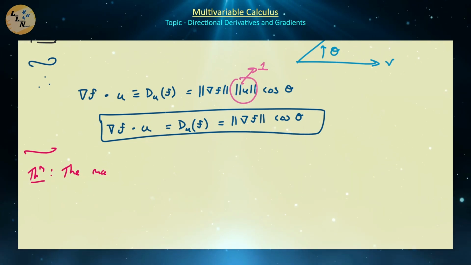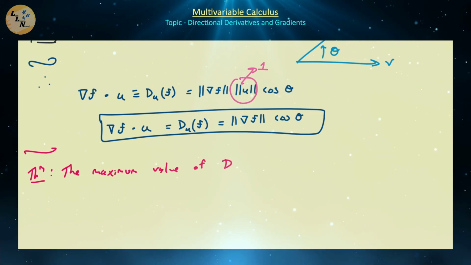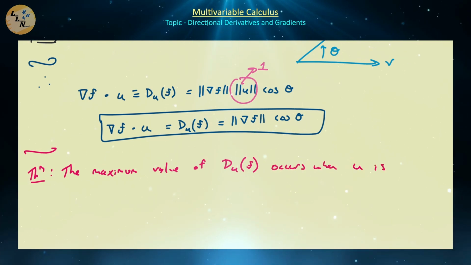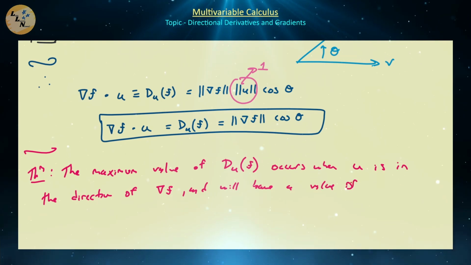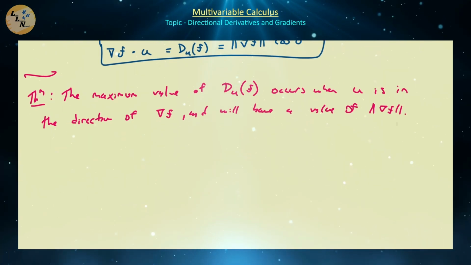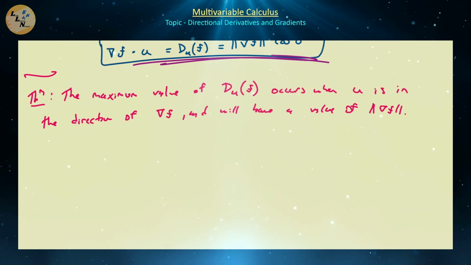The maximum value of the directional derivative of f in the direction of u occurs when u is in the direction of the gradient of f, and will have a value of the length, or the norm, of the gradient of f.